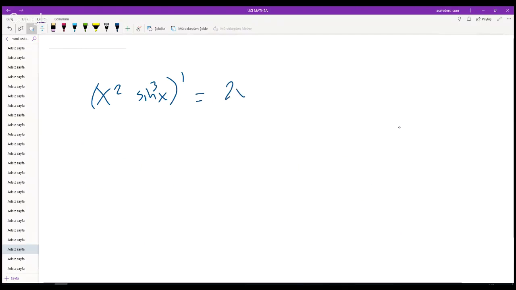We take the derivative: 2x times sine cubed x plus x squared times the derivative of sine cubed x. First 3 sine squared x, according to the chain rule, times the derivative of sine, which is cosine x.